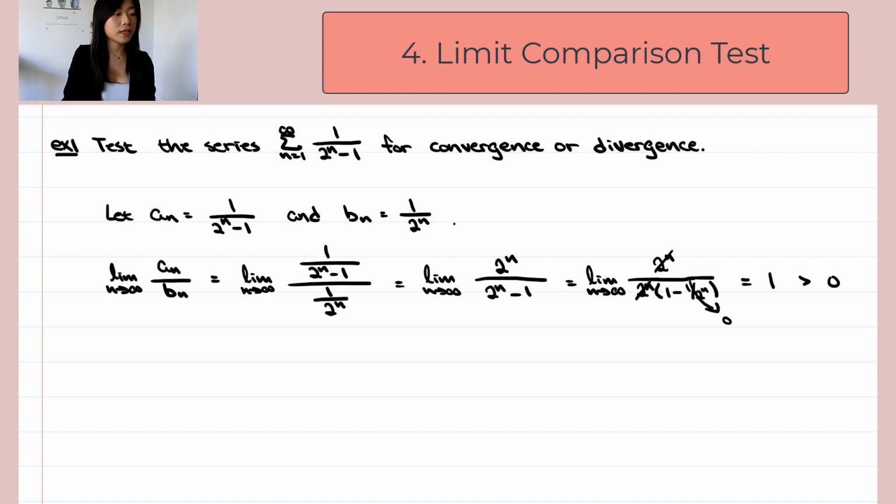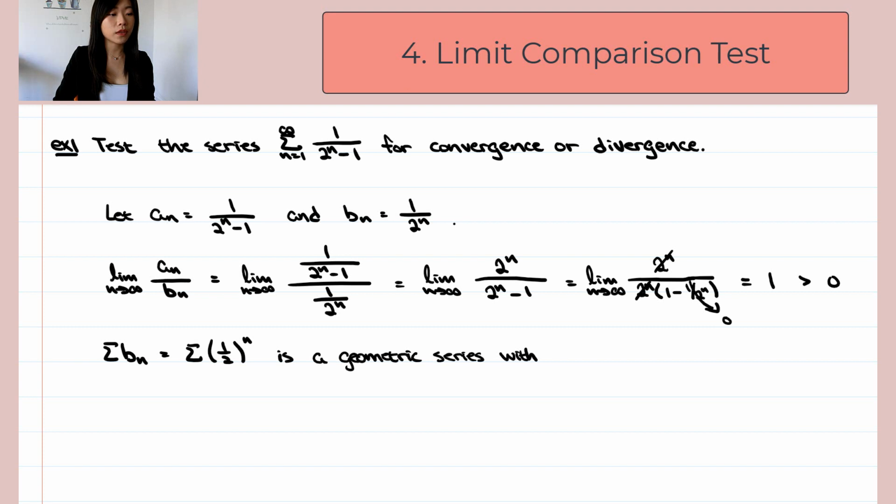The series sum of b_n is a known geometric series. I can rewrite that as 1 over 2 to the power of n, so this is a geometric series with r equals 1 over 2. So this is a convergent geometric series, and the sum of b_n converges.